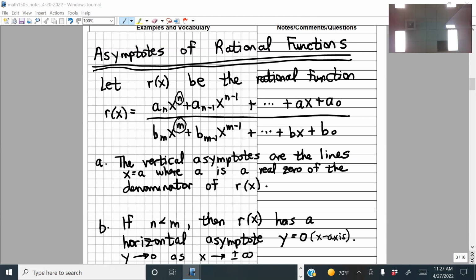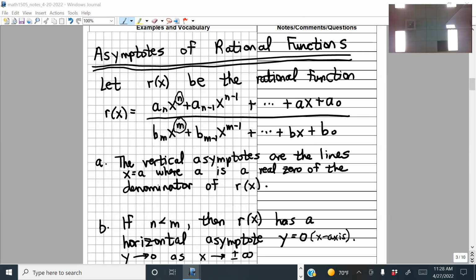But you may have different coefficients on the different powers of x. The degree of the top and the degree of the bottom can be different in a rational function. They don't have to be the same. So in this diagram, the degree of the numerator is n, and the degree of the denominator is m. So we already mentioned that to find the vertical asymptotes, you set the denominator to 0.